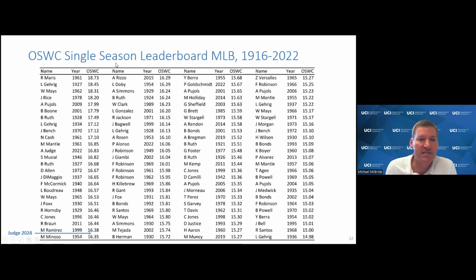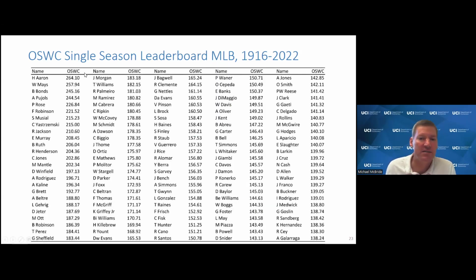This is a single season leaderboard for OSWC, and Judge's 2024 amount is the 25th highest in history, which is phenomenal. Oddly enough, it's less than 2 years ago when he did even better. So he has 2 historic seasons in just a 3-year span. That's just phenomenal. Okay. This is a career leaderboard.